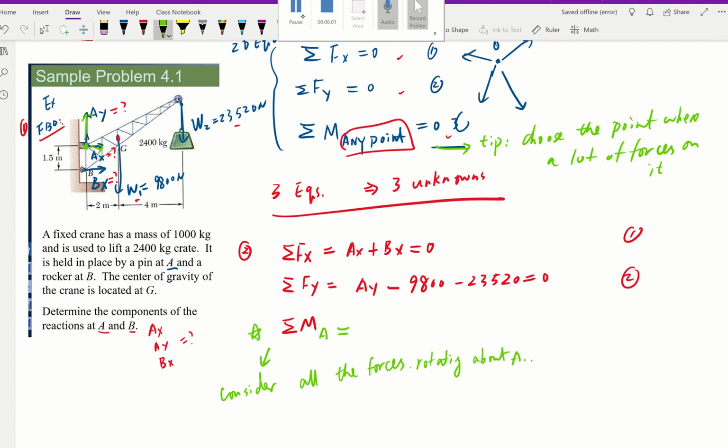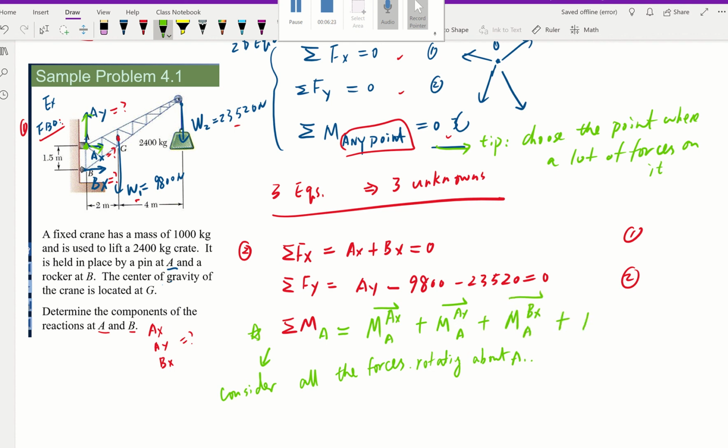We already considered AX and AY. So for example, we consider the moment of this AX force rotating about A. Then we're also going to consider the force AY. This is the second force. And then we'll also have what? BX rotating about A.